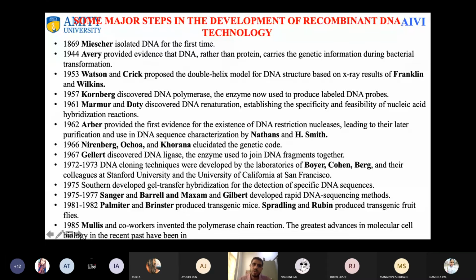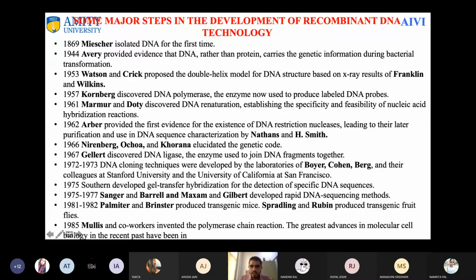But now more advanced techniques came into the picture with the discovery of Sanger sequencing, that we are talking about these days. Most sequencing is done on the basis of Sanger sequencing. At the same time, Maxam and Gilbert also described sequencing, but most commonly we use Sanger sequencing because it is easier than Maxam-Gilbert sequencing.